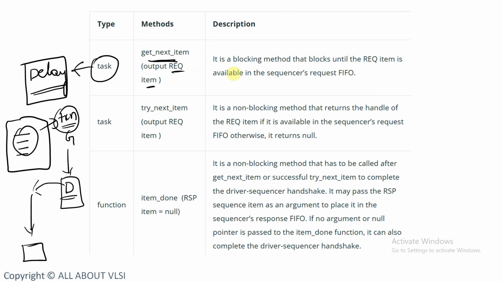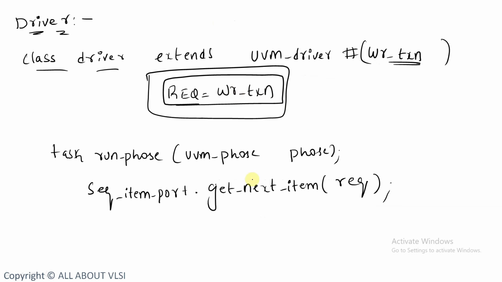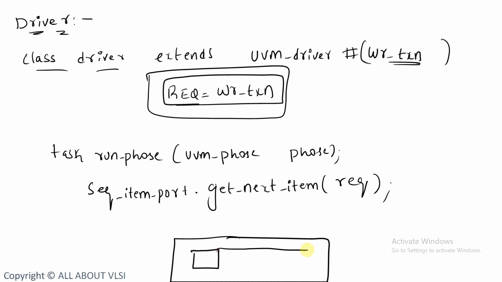It is a blocking method that will block until the REQ item is available in the sequence's request FIFO. The sequence item which is present in the sequence's FIFO will be copied.